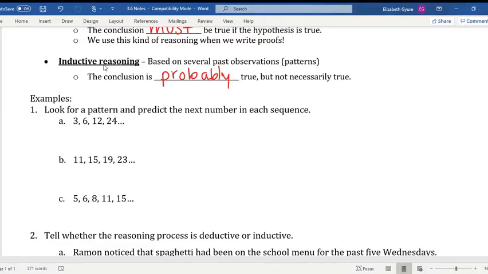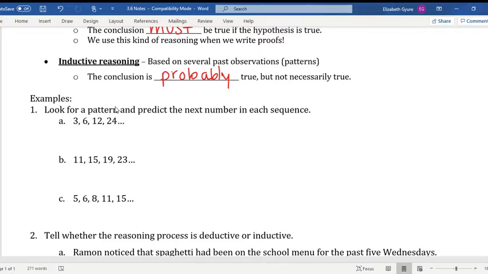So for the first example, it says, look for a pattern and predict the next number in each sequence. So for part A, we have 3, 6, 12, 24. So inductive reasoning skills are observing this pattern and making a prediction based off what you see. Now with this 3, 6, 12, and 24, each number is actually twice the previous one.